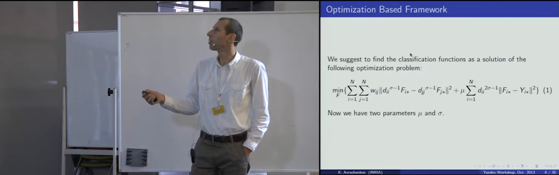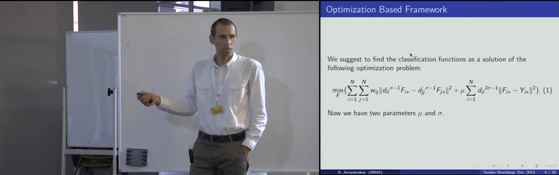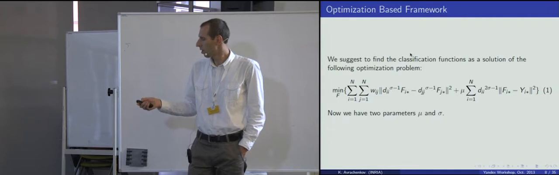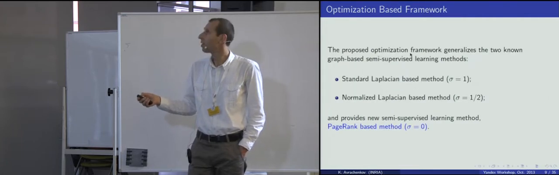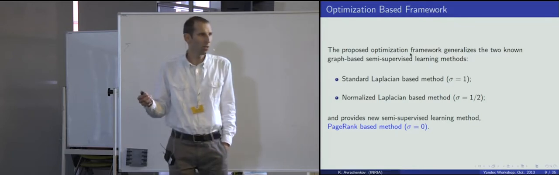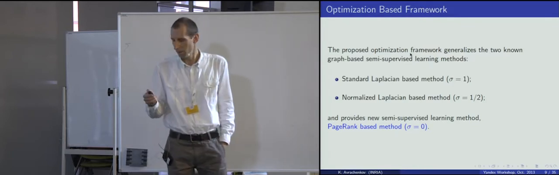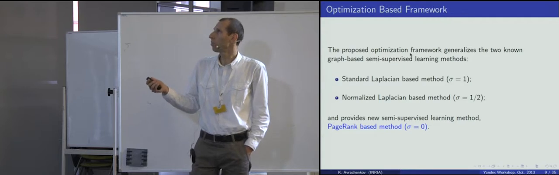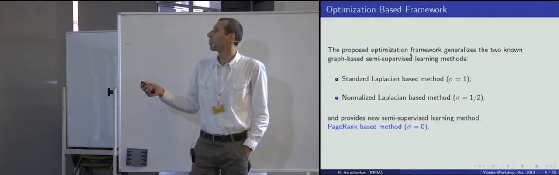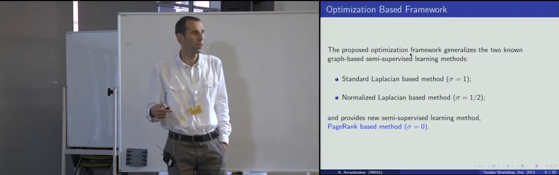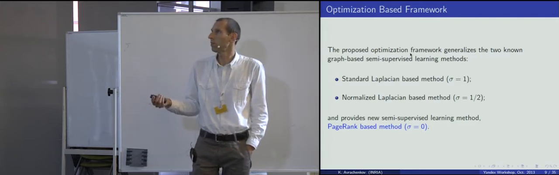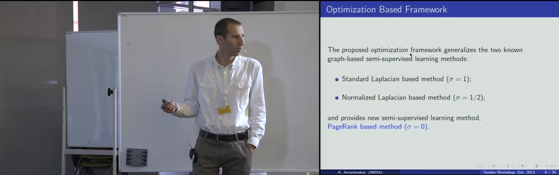What is interesting is that if sigma runs from 0 to 1, for certain values of sigma, like 1 or 1/2, we retrieve known classification schemes, like the standard Laplacian or normalized Laplacian schemes.